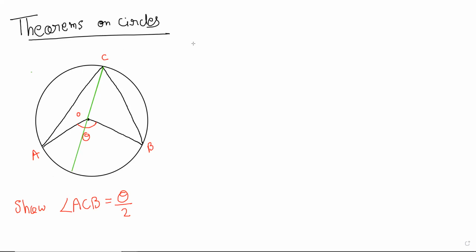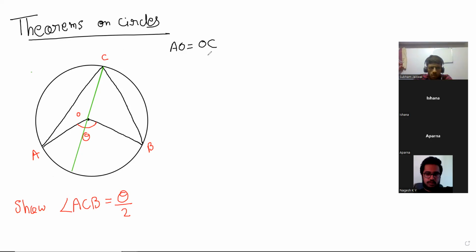Then we can say that AO equals OC, because they are the radius of the circle. Because it's an isosceles triangle, angle OAC equals angle OCA.